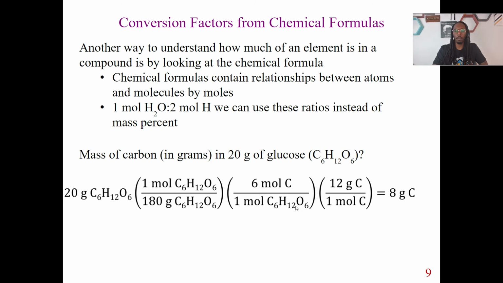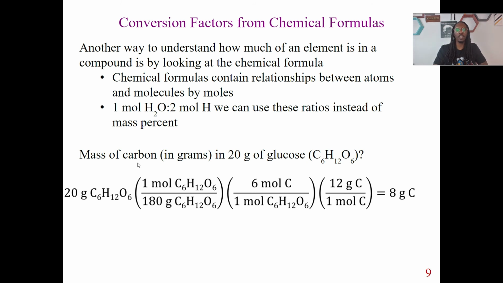So for every 1 mole of glucose, there's always going to be 6 moles of carbon, right? And if it's not 6 moles of carbon, then you have a different compound. It's not glucose. So it always has to be 6, right? So 1 mole of glucose, once again, if we see here, it's going to be canceled out. So that's gone, down. And then we're left with 6 moles of carbon on the top, which we see here.